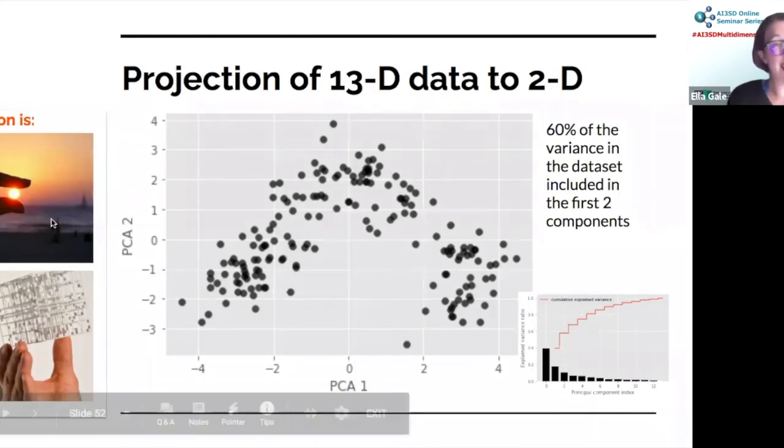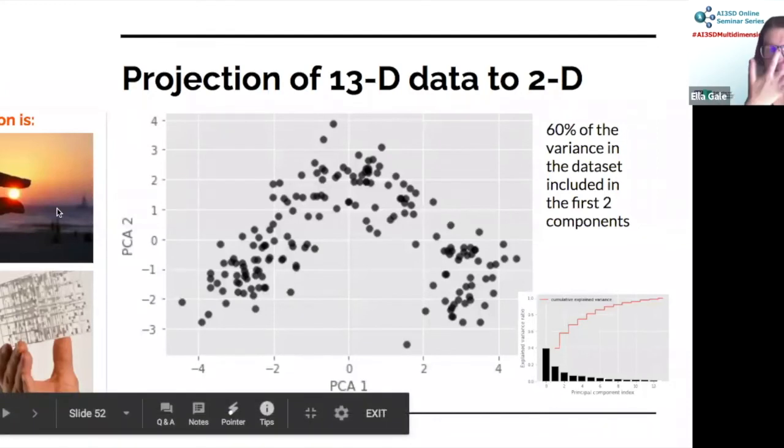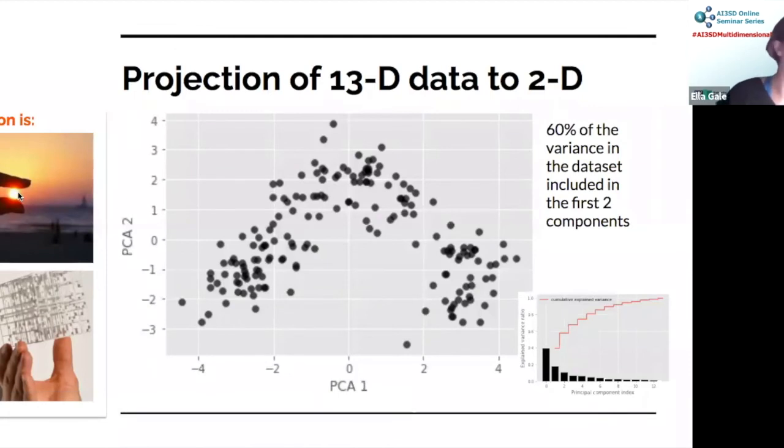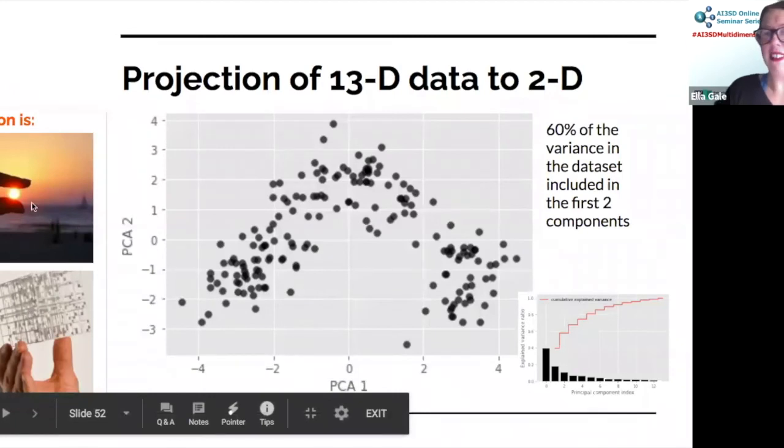Or it can be misleading, like the one on the top. We have a 3-dimensional system of someone's hand and the distant sun, but the 2D projection makes it look like the sun is small and held between the fingertips. So bear in mind when you do this, you won't necessarily know which of these you have, okay?